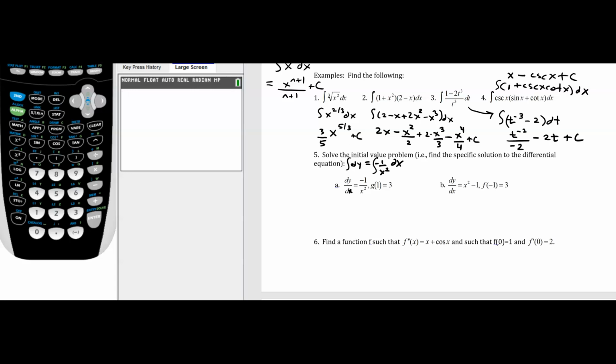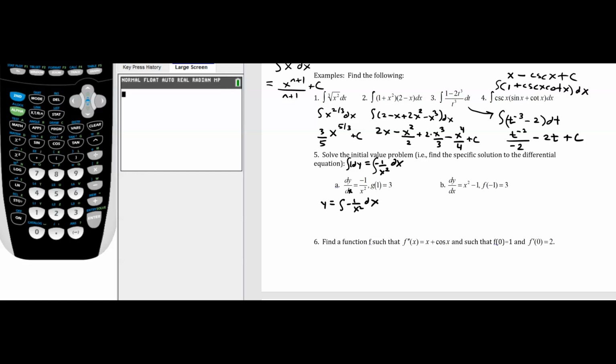On this side, if you're doing the antiderivative of 1 dy, in terms of the variable y, what function has a derivative of 1? Well, that would just be y. So this is going to be y equals the antiderivative of negative 1 over x squared dx.